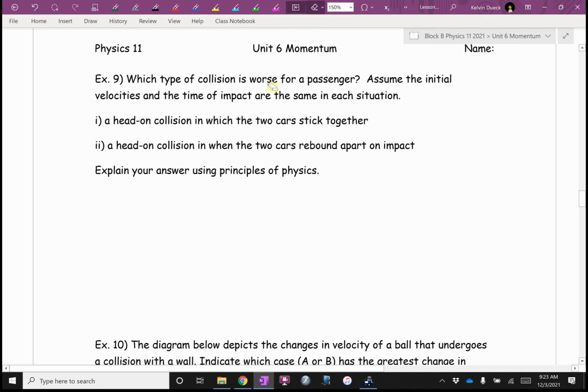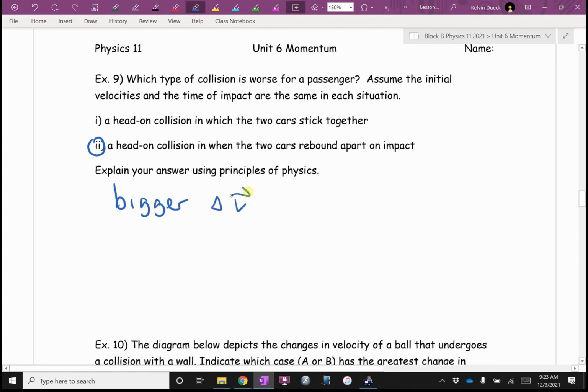What type of collision is worse for a passenger if we assume the initial velocities and the time of impact are the same? A head-on collision where the two cars stick together, or a head-on collision where the two cars rebound apart? Which one? Why?